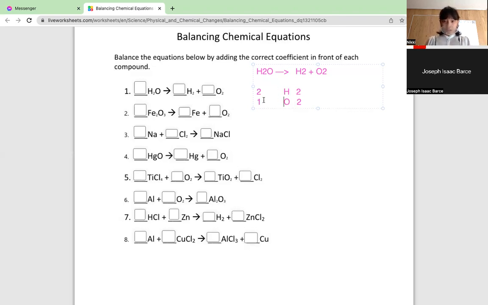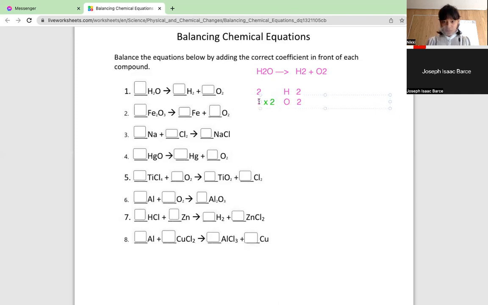So, anong kailangan mong i-multiply sa oxygen to make it equal sa kabilang side? 2. Okay, so lagyan ko ng ibang kulay para madali. So magmumultiply ako ng 2. So magkakaroon ka ng dalawang oxygen, right? Lagay ko na lang yung spaces ko.